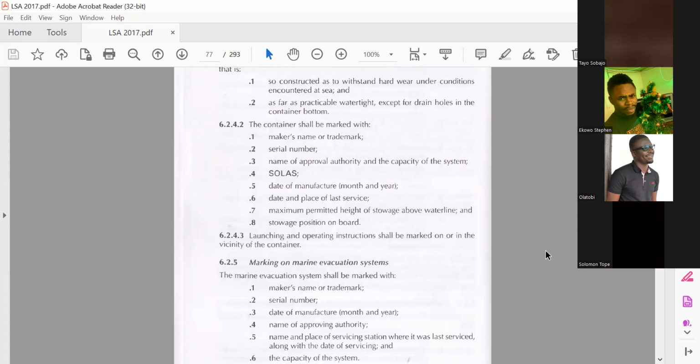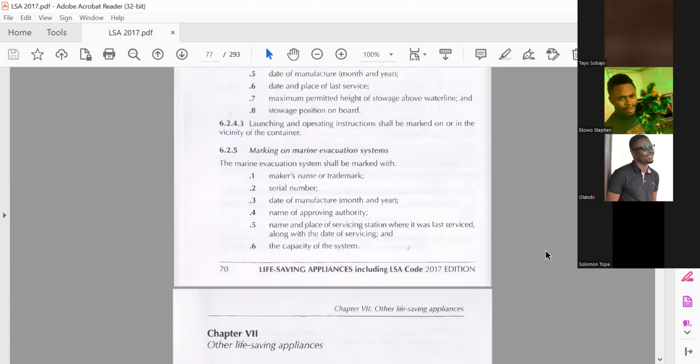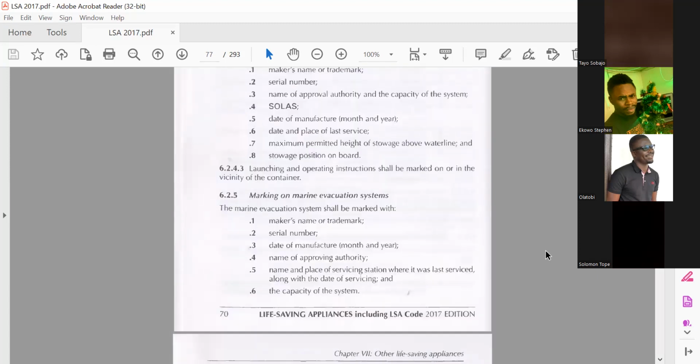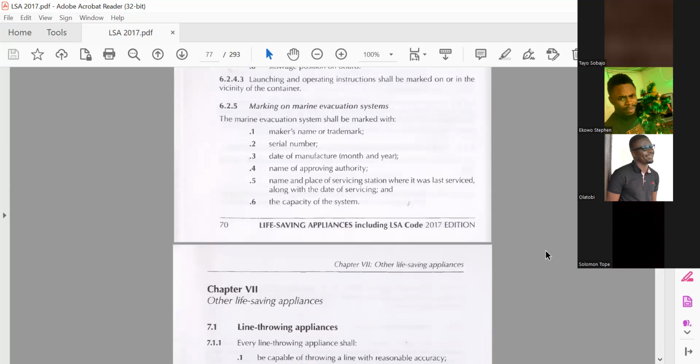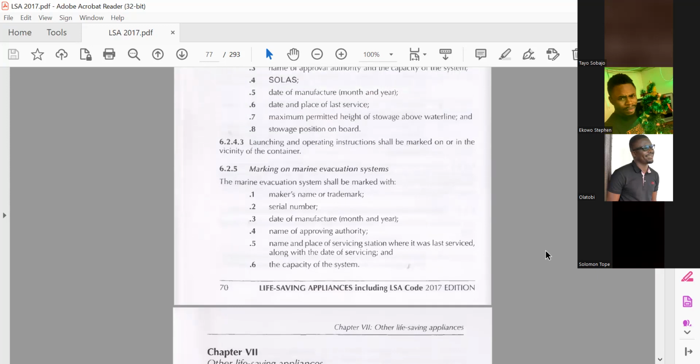The maximum permissible height above the water line is also there, then the storage position, and then also the marine evacuation system.